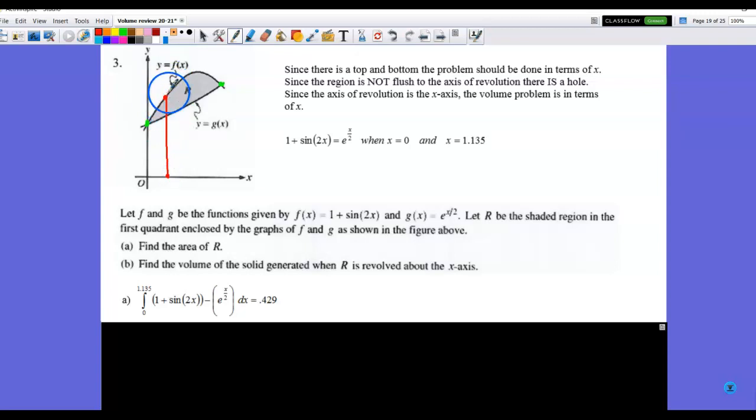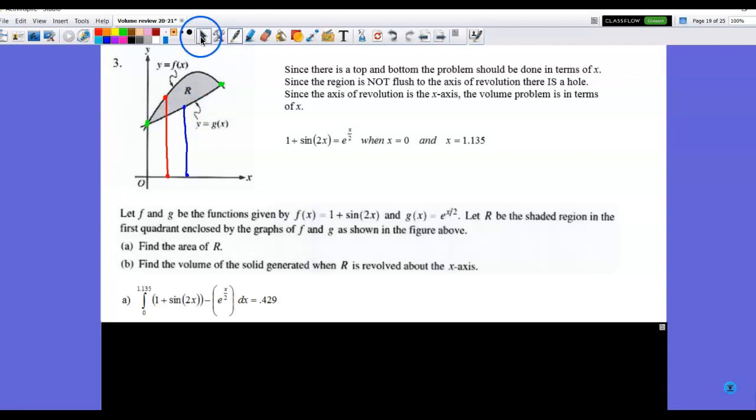So it's the trig function, 1 plus sine 2x, minus 0. That makes it easy. So big R is 1 plus sine 2x. Little r is going to be from the inner curve to the axis of revolution, top minus bottom, which is e to the x over 2 minus 0. So little r is e to the x over 2.